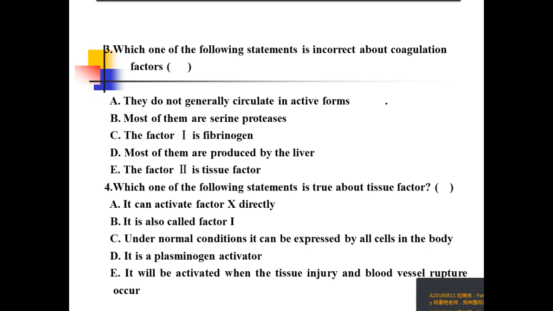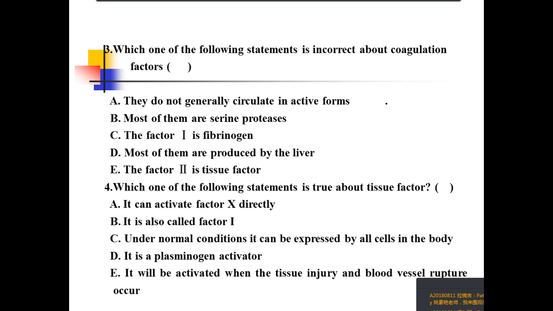The coagulation tissue factor, factor 3. Now factor 2. Forget? Prothrombin. Factor 1, fibrinogen. Factor 4, calcium. Remember?